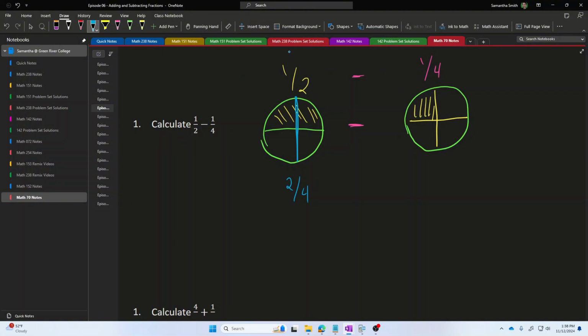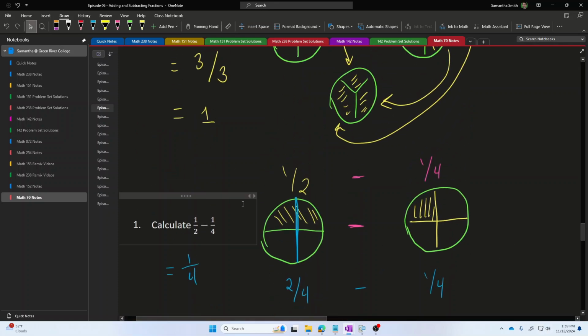And if I have 2/4 of a pizza and I remove 1/4 from that pizza, then all that's left is that one remaining quarter that I have not removed. So the result of this subtraction, 1/2 minus 1/4, 2/4 minus 1/4, would be 1/4 remains.